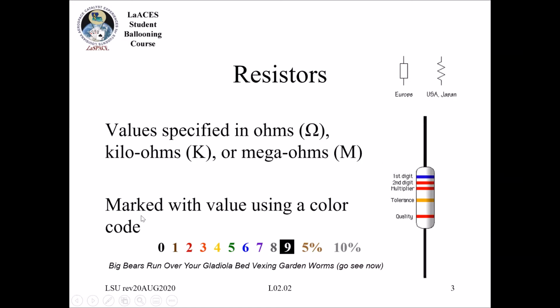Also important is that resistors have many different values, and they're marked with the value using this color code. You can see here that 0 corresponds to black, and then 1 is brown, and then red, orange, yellow, green, blue, violet, gray, and white. And then this is referring to different tolerances.